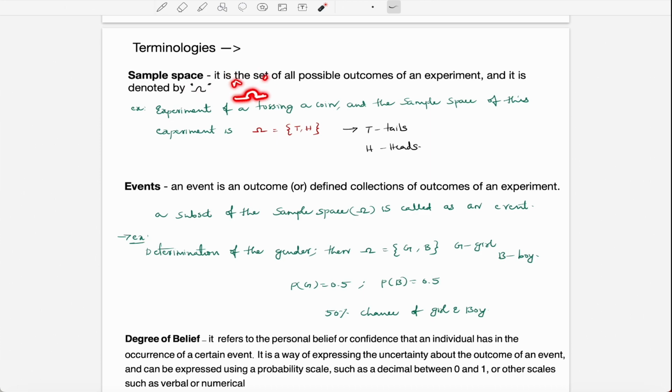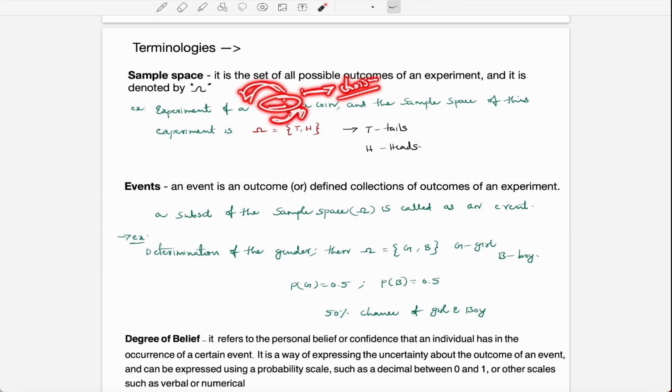For example, consider the experiment of tossing a coin. What is the sample space of this experiment? When we toss a coin, it may be a head or a tail, and there is no other choice.